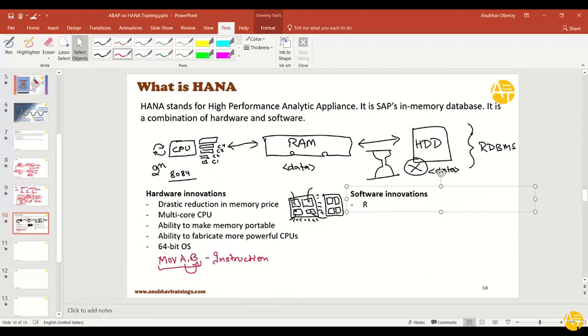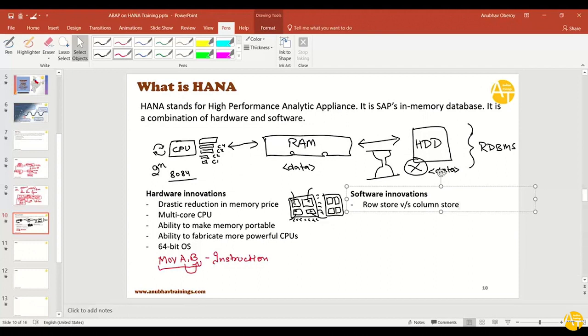The first software innovation is called row store versus column store. There are two ways to store data in a database table internally within the database. Row store is the way where data is stored in consecutive memory locations where rows are stored together, whereas in a column store, all the column data is stored together.